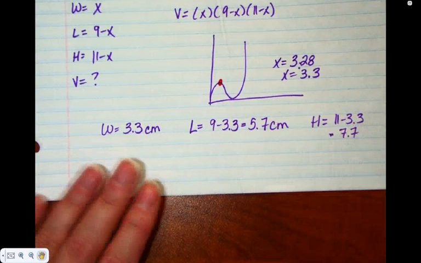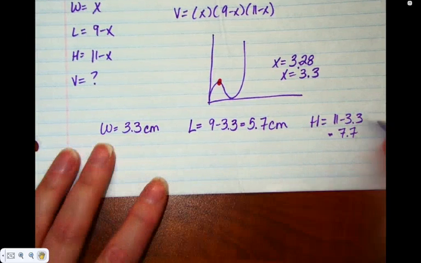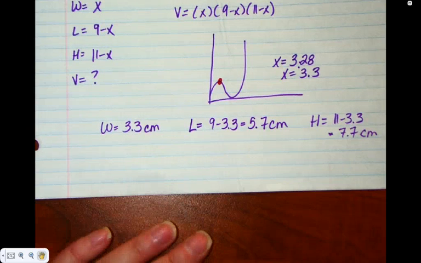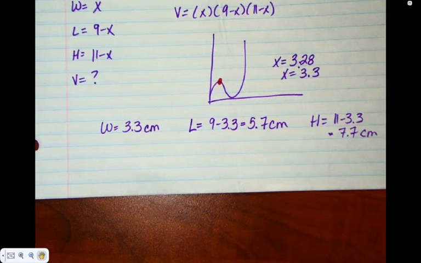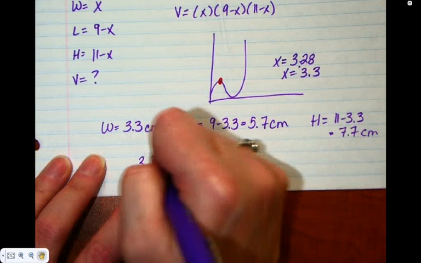I heard 7.7 and I heard 8.7. Yeah, 7.7. And then because I'm left-brained, I always just write them together as the last step. You don't have to. It's just the way my head works.